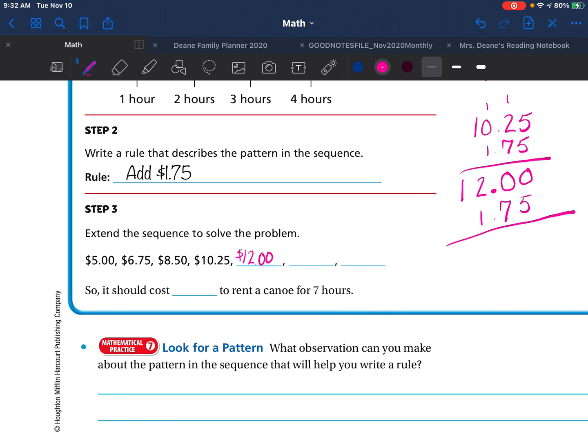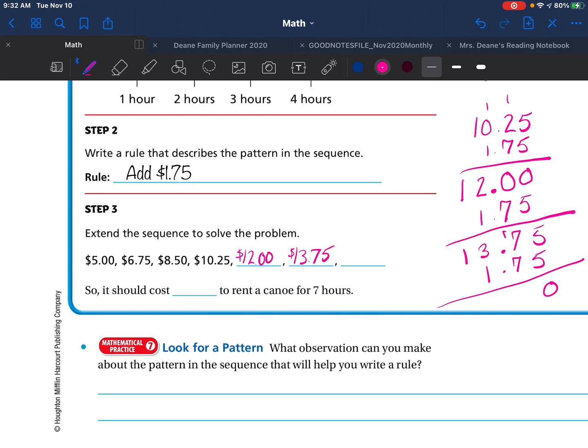We add $1.75 again. 2 plus 1 is 3. 1 comes down. So the next number would be $13.75. And to finally get our answer for 7 hours, we add another $1.75.